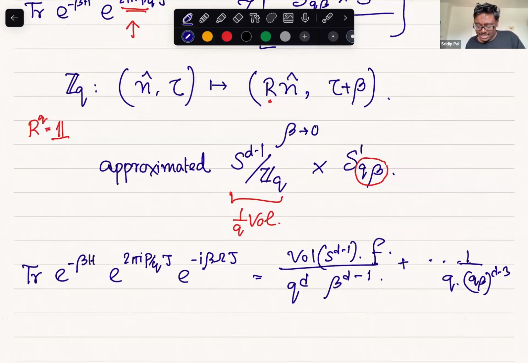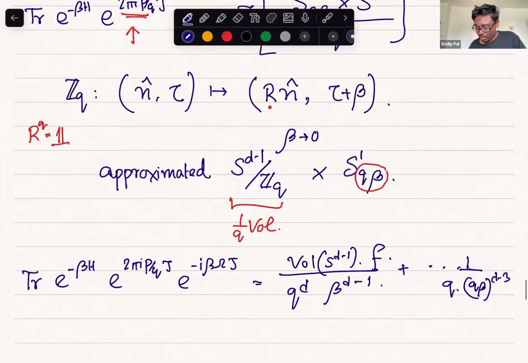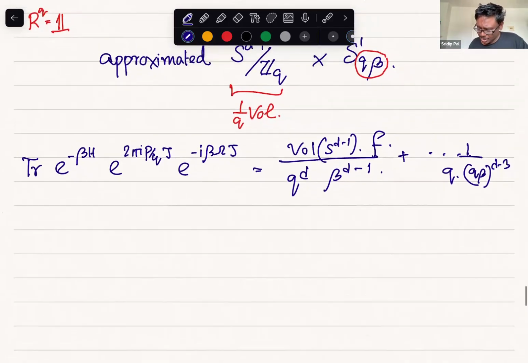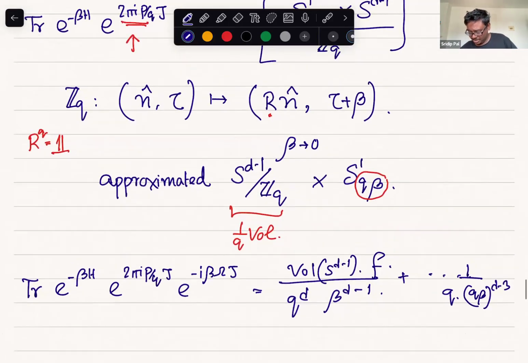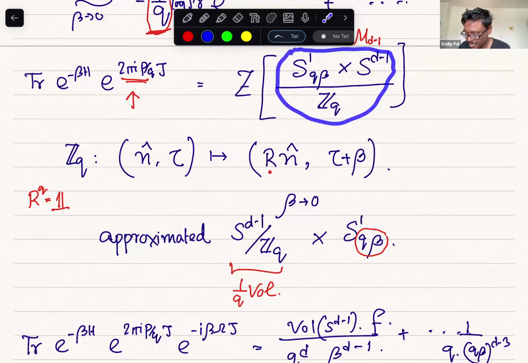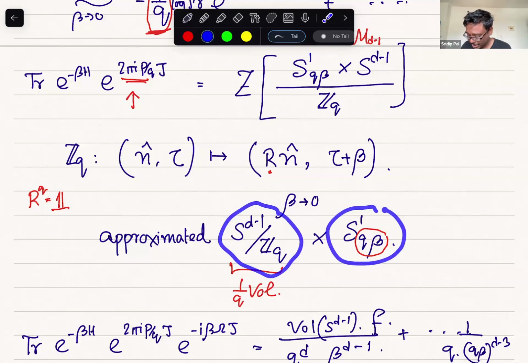But in higher D, this is not all the story. There is more to it, and now I will explain some of the subtleties. The first subtlety is the following. I have said that this manifold is S^1_{qβ} times S^{D-1}/Z_q, approximated by this quotienting thing.